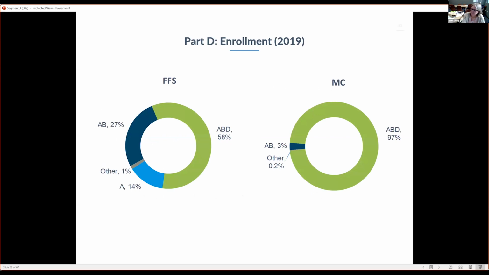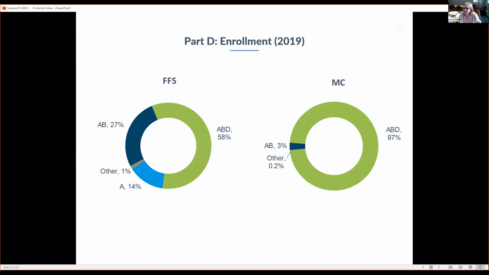And for Part D enrollment, I want to point out that just about everybody in managed care has pharmacy as part of it. So 97% of managed care enrollees are ABD. They have Part A, Part B, and Part D. But only 58% of people in fee-for-service have Parts A, B, and D. Another 27% have Parts A and B, but not D, and 14% have A only.